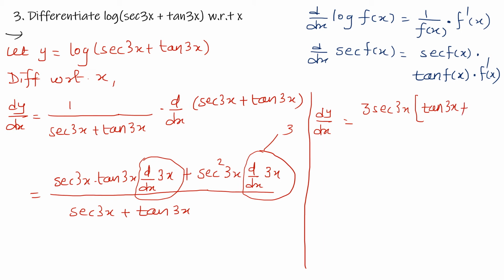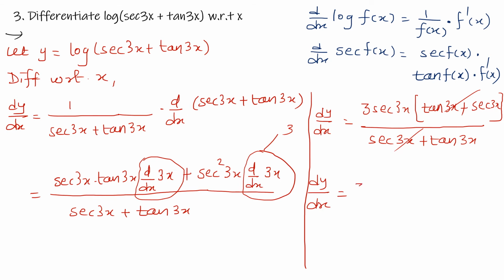Now sec 3x we have taken common from the sec square 3x, so 1 sec 3x remains here. And now the denominator is sec 3x plus tan 3x. Now what happens is these are cancelled and I got simply dy by dx is equal to 3 sec 3x. This is my final answer.